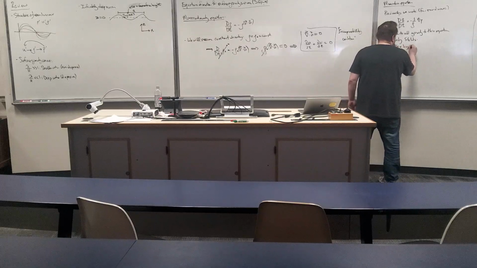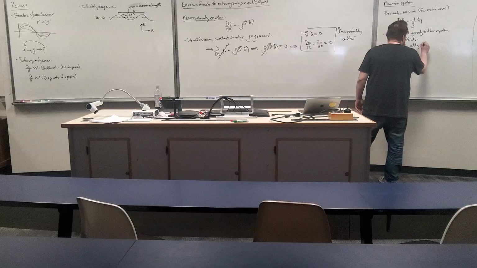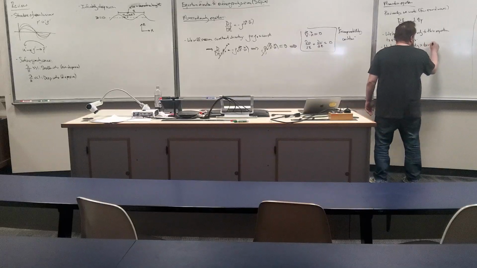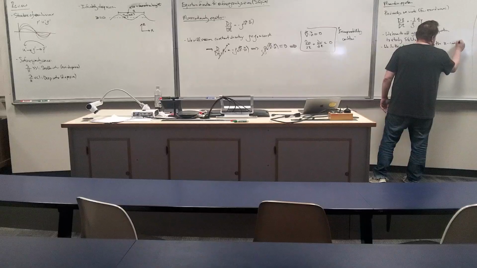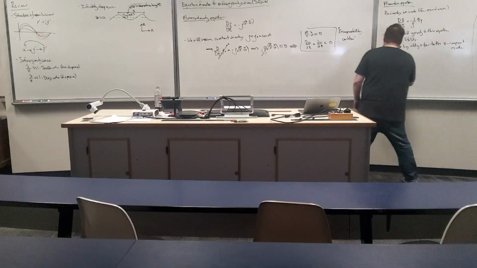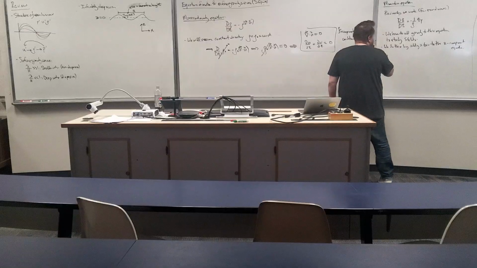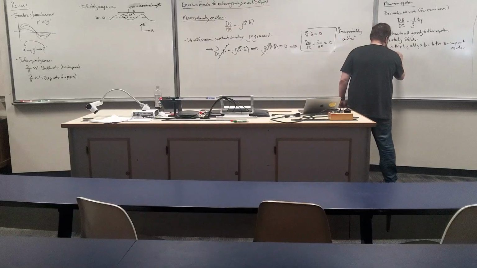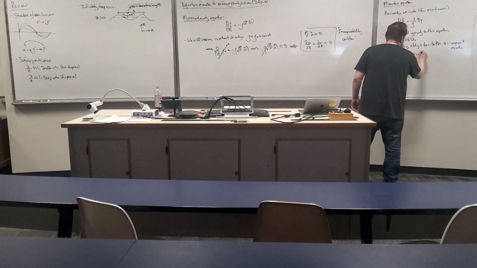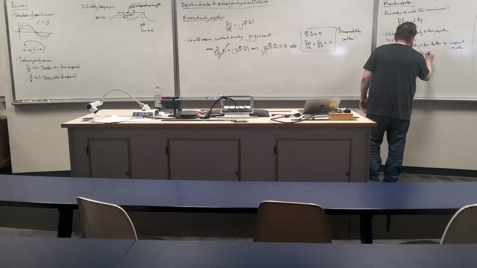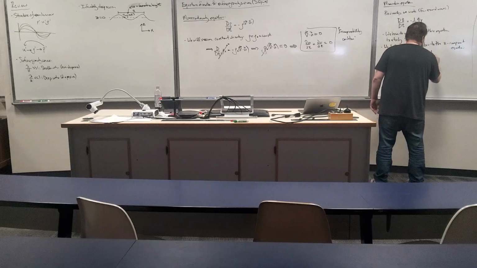How do we do this? By adding a term to the z component equation. Our x component is unchanged. We have du dt plus u du dx plus w du dz equals minus 1 over rho naught dp dx.